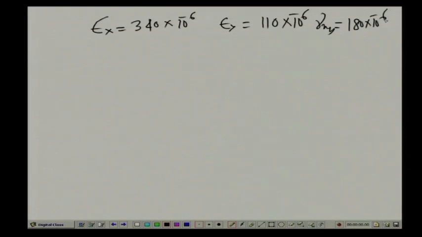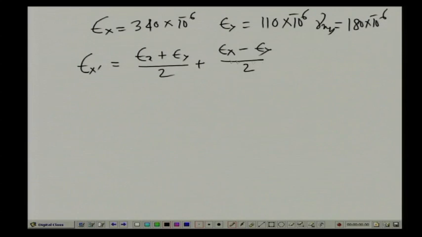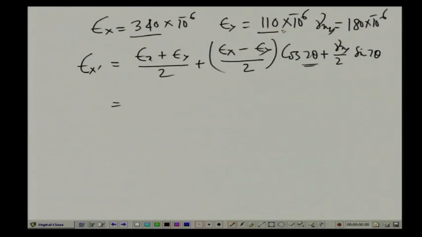Now, from the transformation equations we know epsilon x dash, which is at 30 degrees in this particular case, equals (epsilon x plus epsilon y) by 2 plus (epsilon x minus epsilon y) by 2 times cos 2 theta plus gamma xy by 2 sin 2 theta. Now, theta is 30 degrees, so 2 theta is 60 degrees. If we substitute these values, epsilon x is 340, epsilon y is 110.